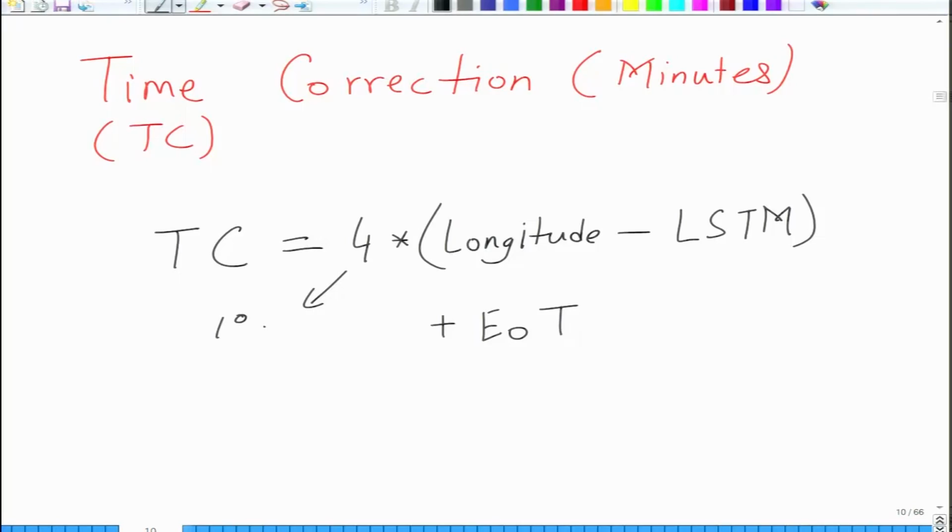So basically every 4 minutes you will have 1 degree, okay. So 1 degree for every 4 minutes of rotation.